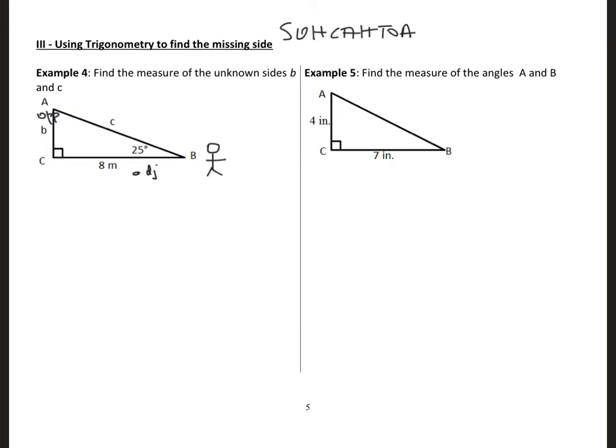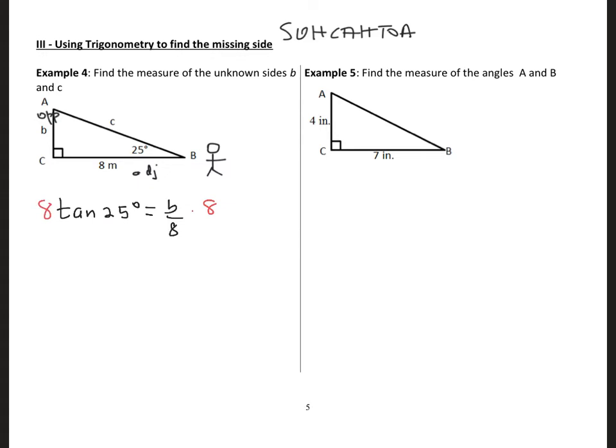So I'm going to say tan of 25 is equal to B over 8. And then how do I get B? Here, I can multiply both sides by 8.